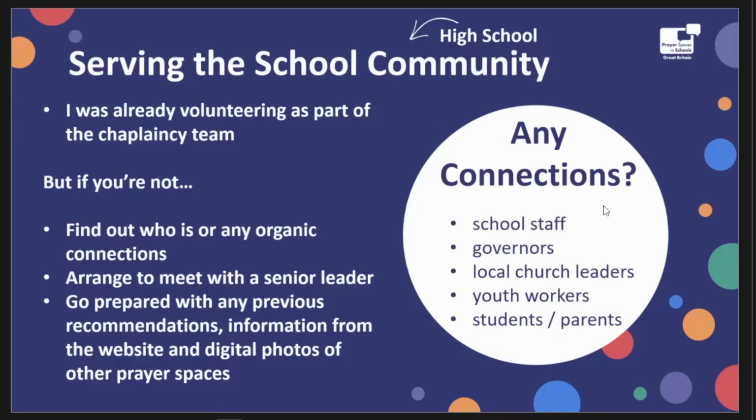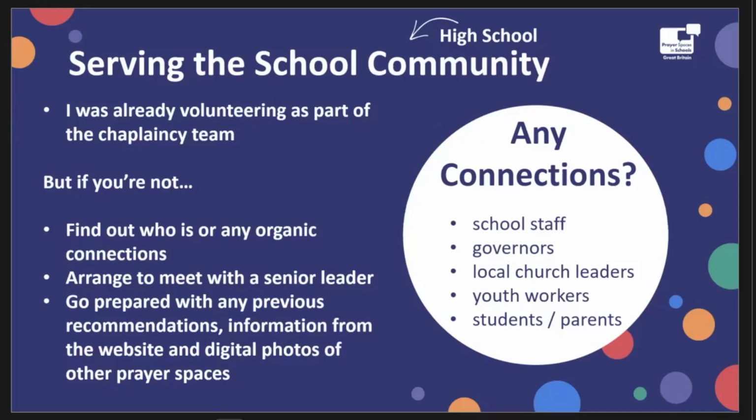And in a high school, you might find that there are multiple churches that connect in with the high school itself. So it's worth having a little think about who is there that you could speak to and start that connection with. So other people to think about are governors, school staff, youth workers, or even students or parents themselves.